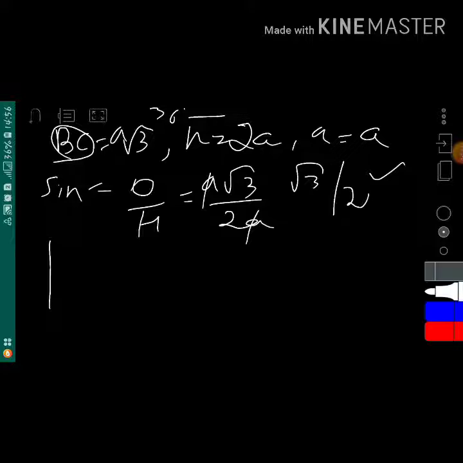When I did a diagram, this was my diagram and I was finding here 30 degree. So this becomes my opposite. This is obviously hypotenuse, that is no doubt. Right? So this becomes my adjacent.